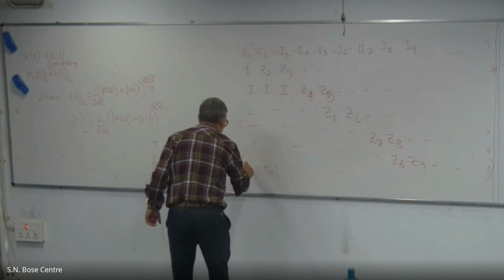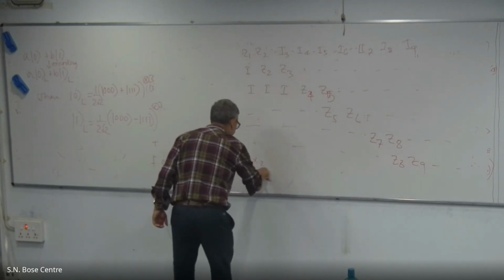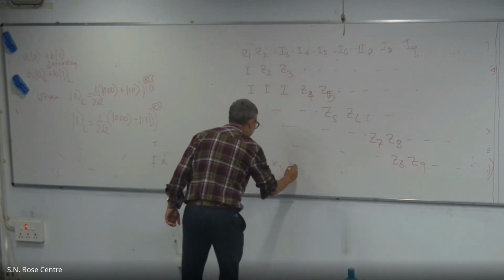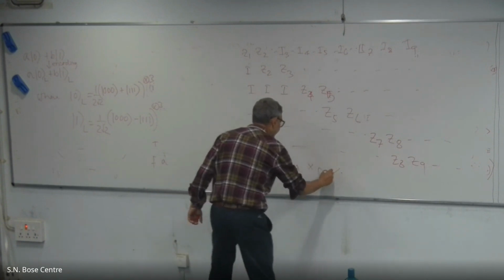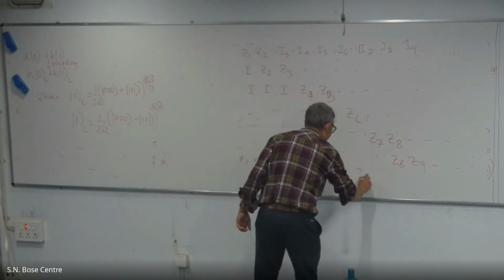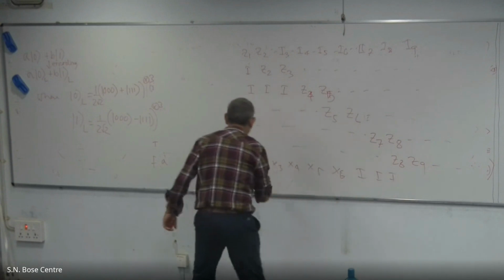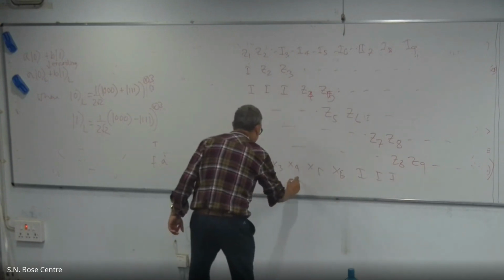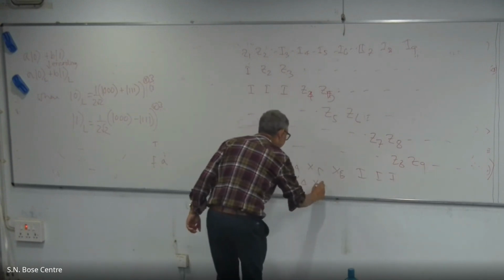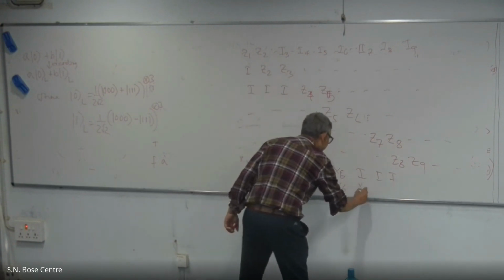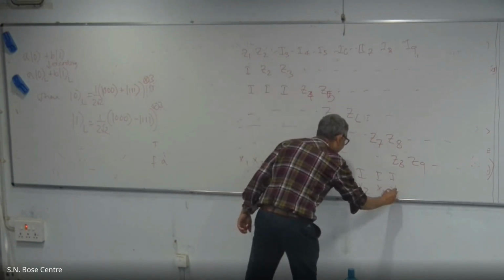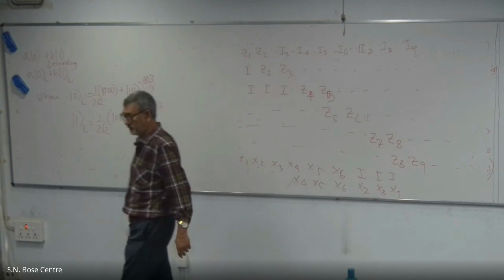Then X1, X2, X3, X4, X5, X6, rest are identity. And X4, X5, X6, X7, X8, X9. So how many operators are there?